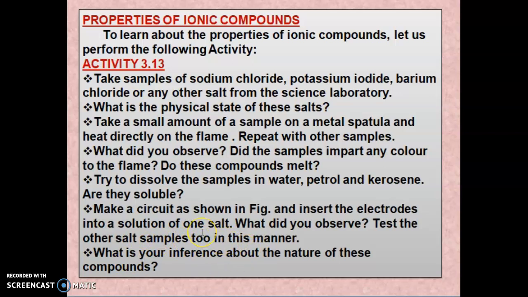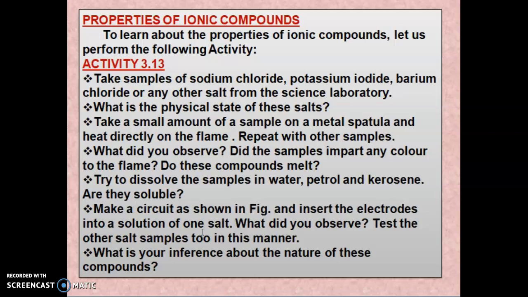First, we are taking three samples: sodium chloride, potassium iodide and barium chloride, and first we are testing the physical state, whether it is solid, liquid or gas. Second, we are heating the sample on a metal spatula directly on the flame, to see whether a flame color is seen or not.